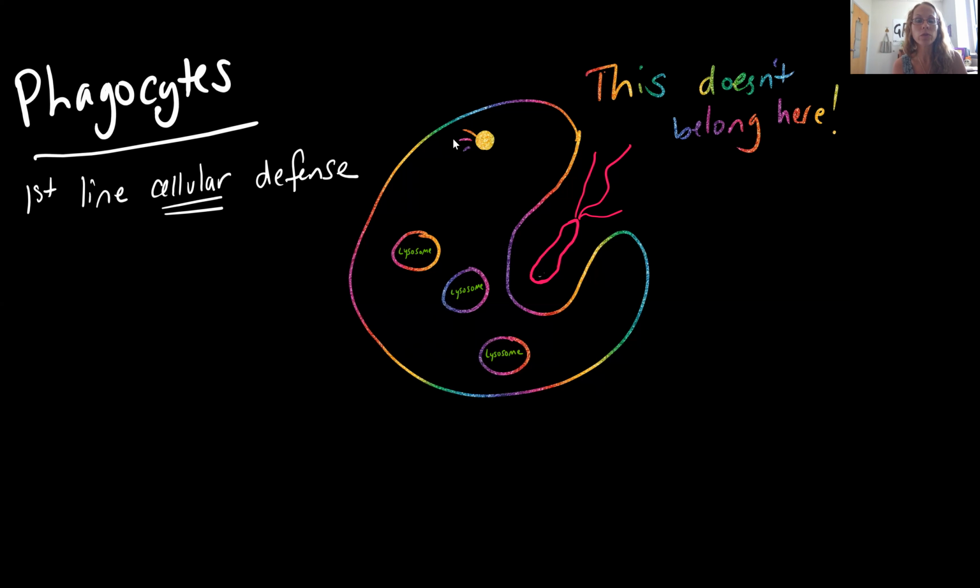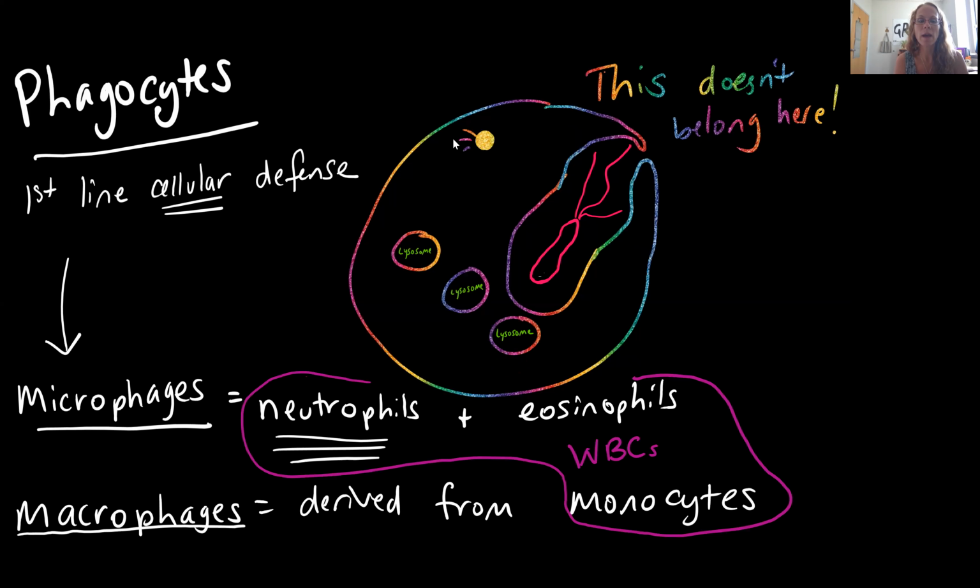So your neutrophils and your eosinophils are going to be part of this group. We can describe them as microphages, the neutrophils and the eosinophils. And then we also have the macrophage, which we've talked about pretty much from the beginning of the course. Those are, of course, remember, derived from monocytes, which are another one of our white blood cells.